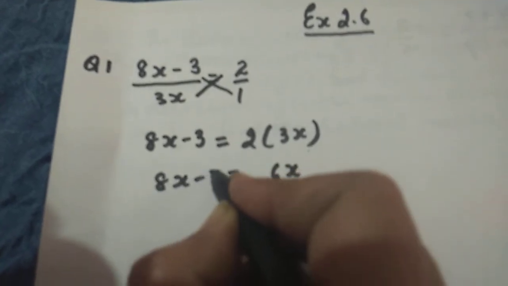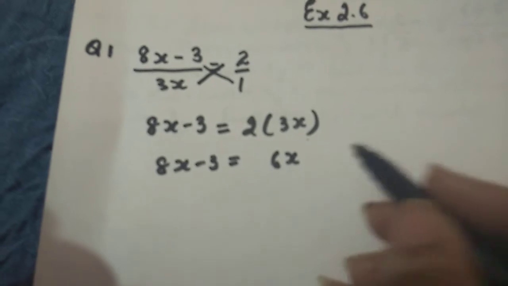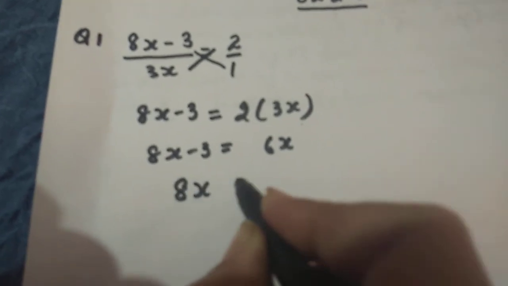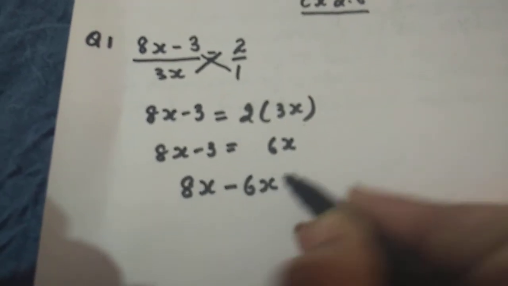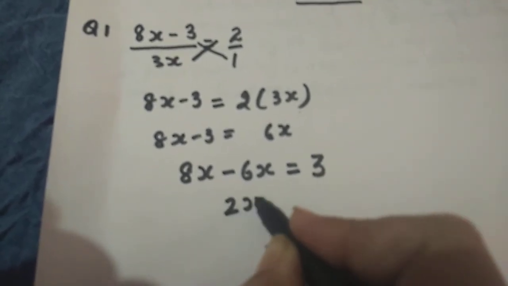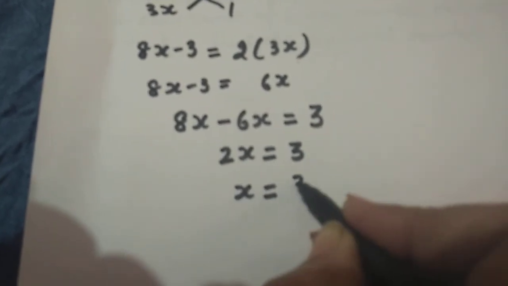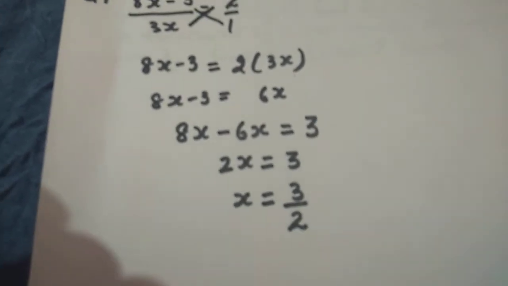So we have this equation 8x minus 3 is equal to 6x. Now we have to solve this. 8x minus 6x is equal to 3. So 2x is equal to 3. So the value of x will be 3 upon 2.